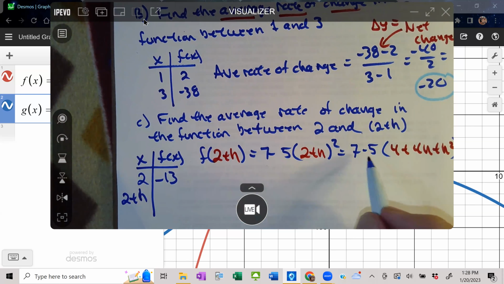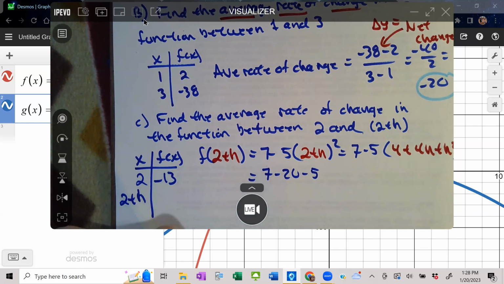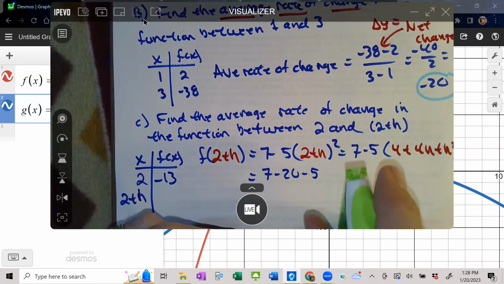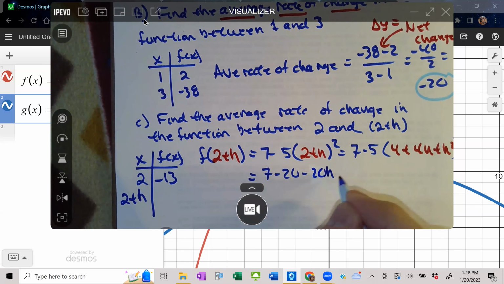Finally, let me distribute the 5 and collect up like terms. That's going to be 7, which stays there. -5 times 4 is -20, minus 20h minus 5h squared.